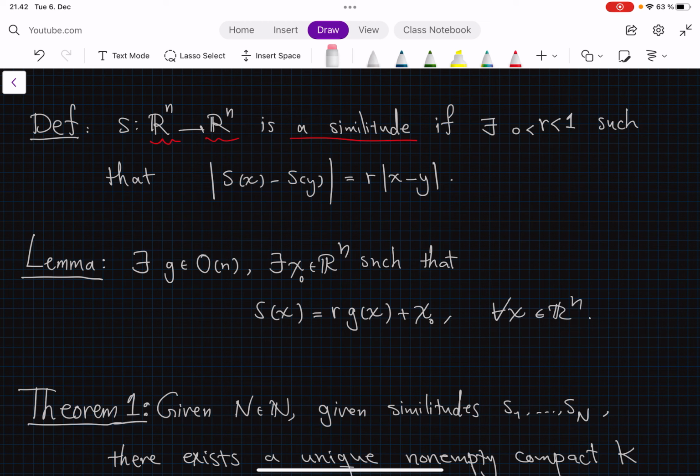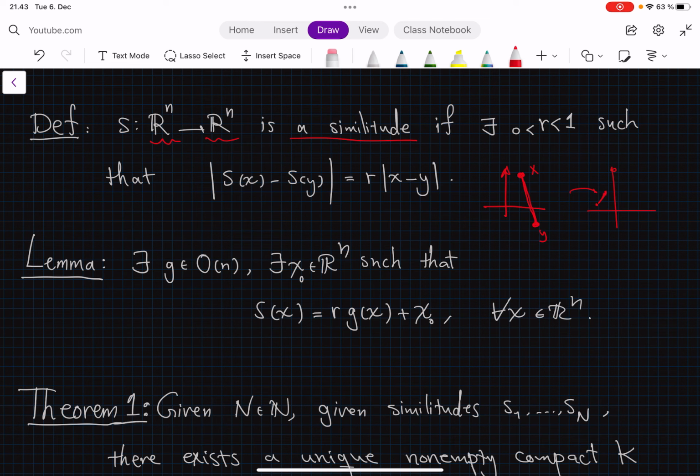But this is not an inequality, so it's not just a contraction, it's a precise formula for how distances behave. So if you have any 2 points in the domain, their images, wherever they map, will have a distance that is r times the distance of the points in the domain.